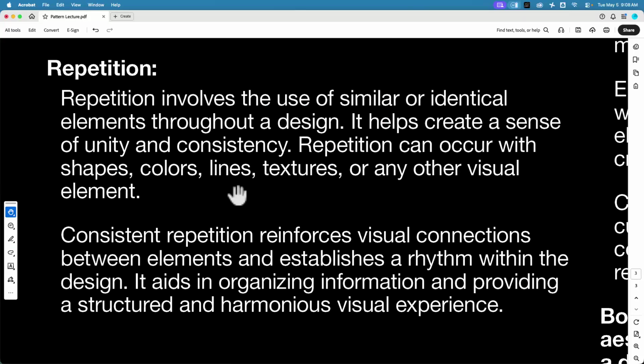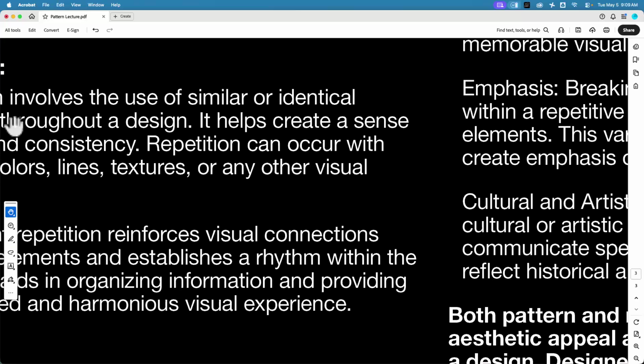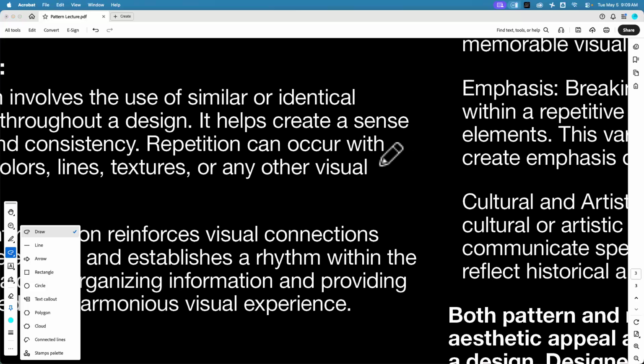Repetition is the standardized repeating of design elements within a design to create continuity. Say I design these boards to give myself a drawing space.